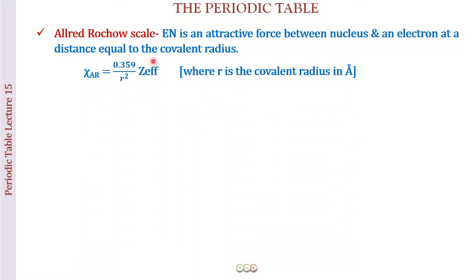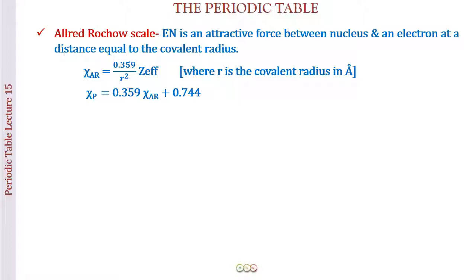So we have chi AR, that is electronegativity according to the Allred-Rochow scale. This is going to be 0.359 into Z effective divided by R square, where R is the covalent radius in angstrom. And the relation of this with Pauling's electronegativity is chi P equal to 0.359 chi AR plus 0.744. So this is how the three scales are related to each other.